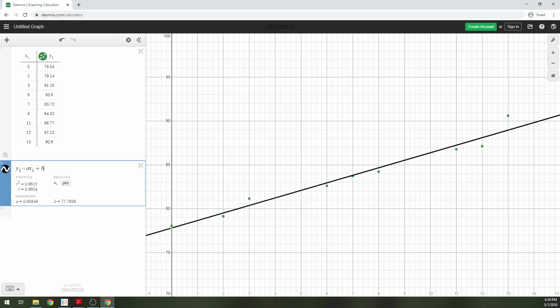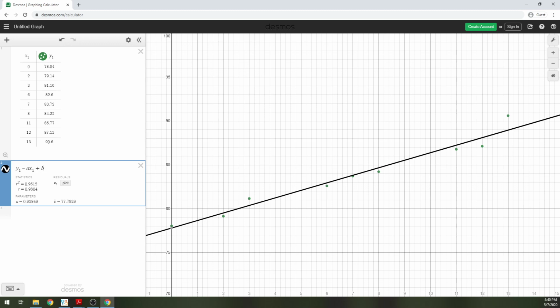So notice this format right here is very close to y equals mx plus b, right? That tells Desmos that we're looking for a line of best fit, and we want to know what the slope and the y-intercept are, so we will know how to graph it in the future. So there's some numbers here for statistics, right?